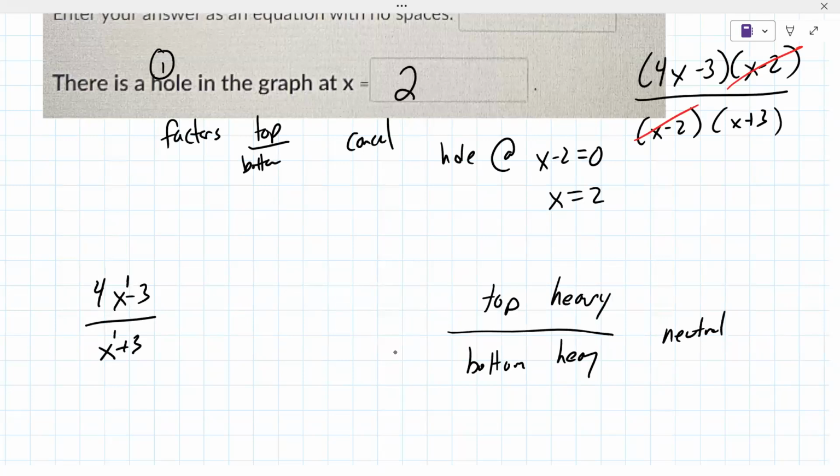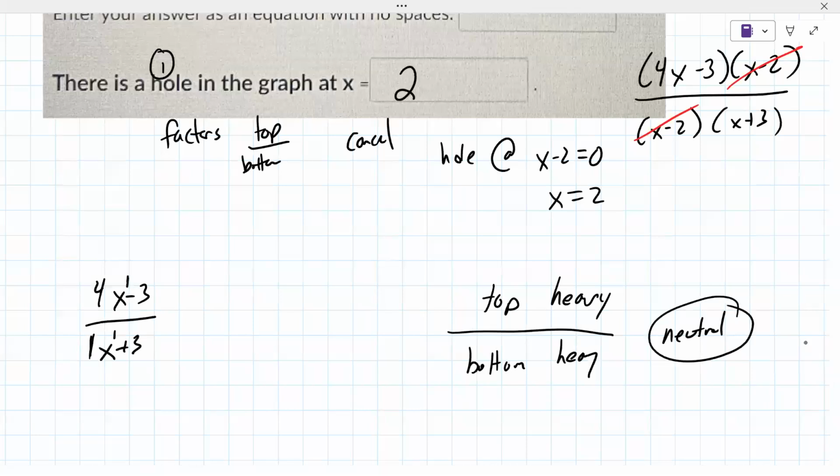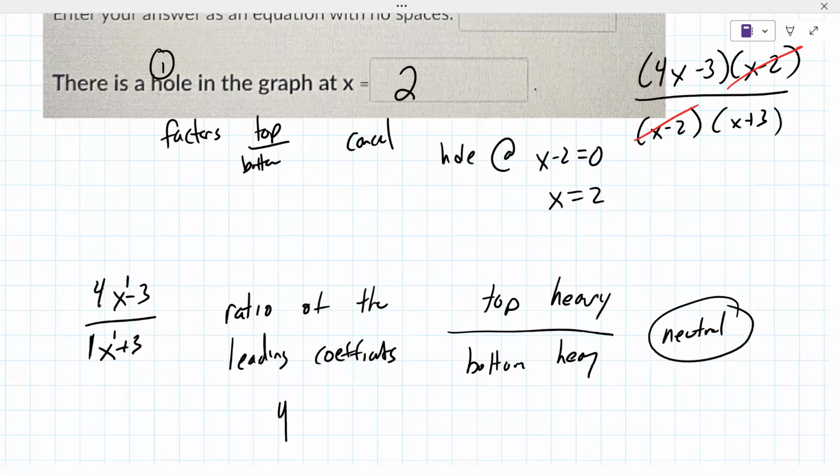So the degree of the exponent tells you whether it's top heavy, bottom heavy, or neutral. So this one is the same on the top and the bottom. So it's not top heavy or bottom heavy, and these all have meanings. So when it's neutral like it is here, it becomes the ratio of the leading coefficients. So to answer your question, it's y equals 4 divided by 1, which is just 4.